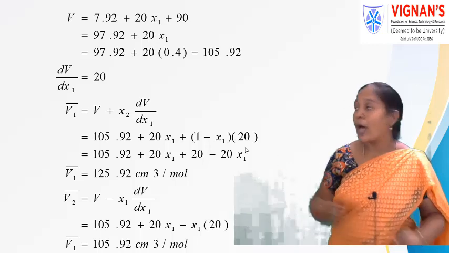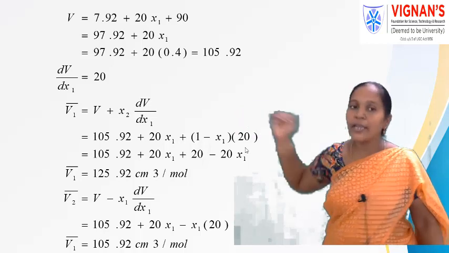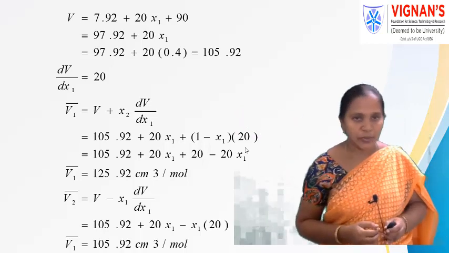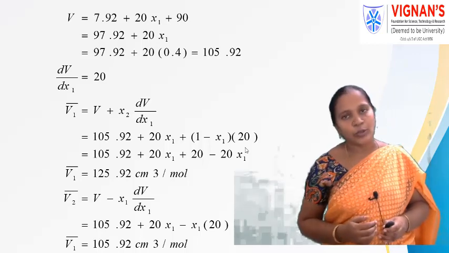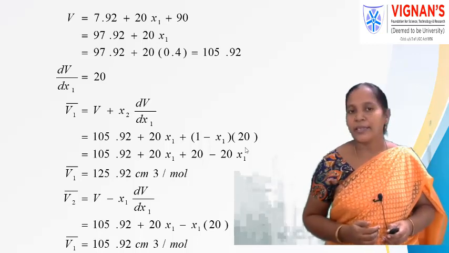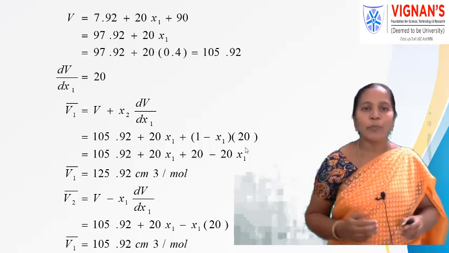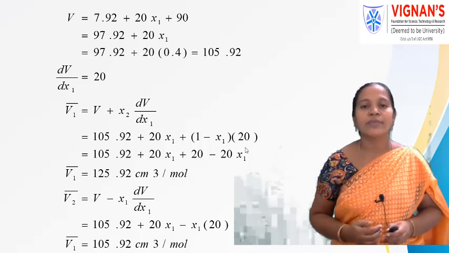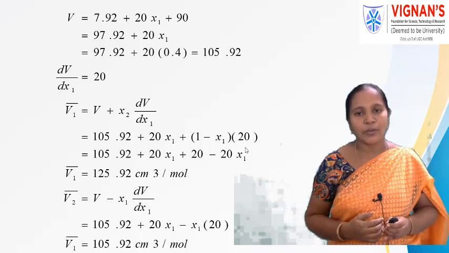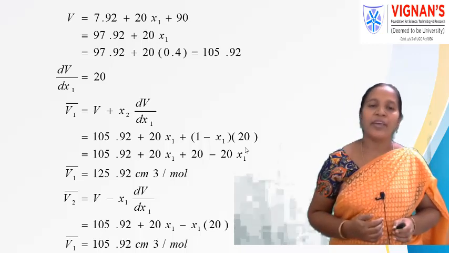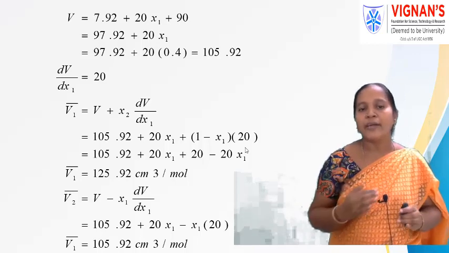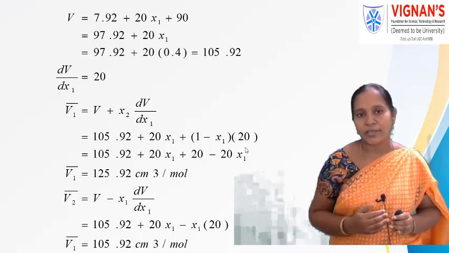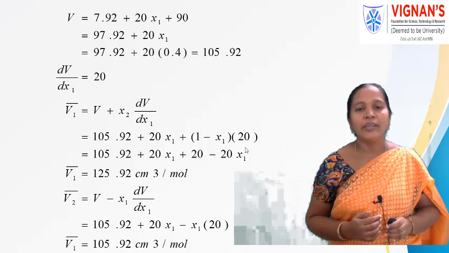Then substitute all the values in the partial property of species 1. That is, V1 bar = V + x2 dV/dx1 = 105.92 + 20 x1 + (1 - x1) times 20. Then simplify and substitute the value of x1. Then we will get the value of V1 bar equal to 125.92.